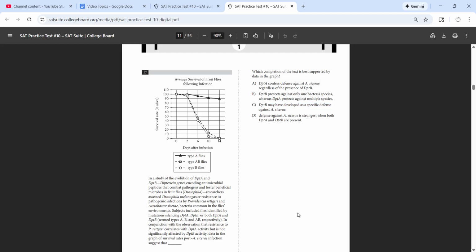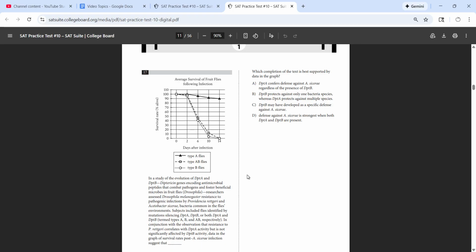Even if it's the most logical statement, or a fact that is so obviously true. The question is not asking for any piece of evidence that is true. It's asking for a piece of evidence that is supported by the graph. Not supported by the text, not supported by anything else, but supported by the graph or table.